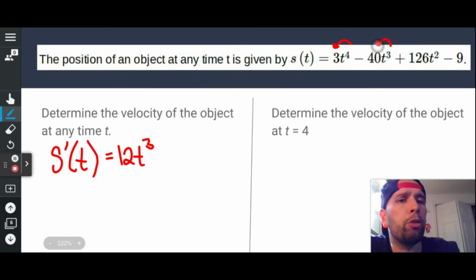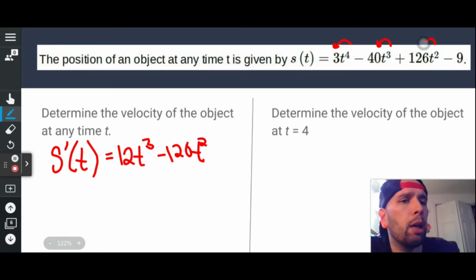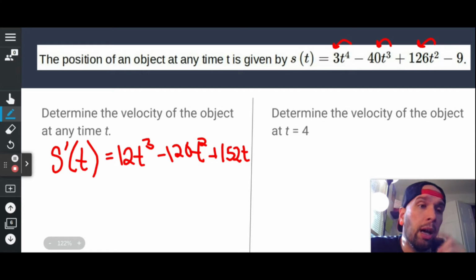Bringing that down and multiplying it, so negative 20t to the second. Bringing that down and multiplying that, so plus 152, subtract 1 from 2, which is t, and then that constant, which is 9, becomes 0.